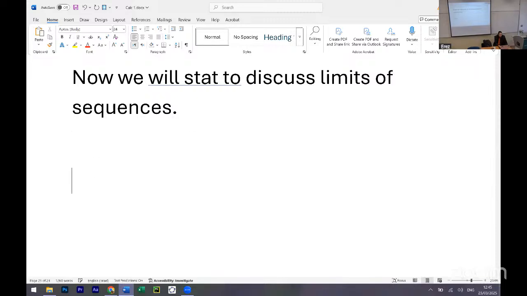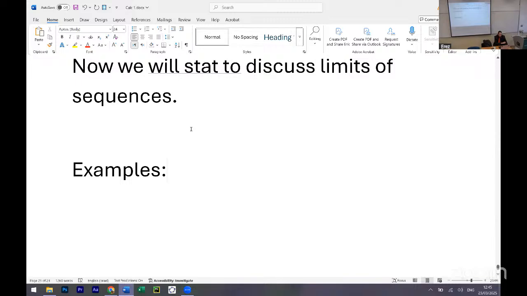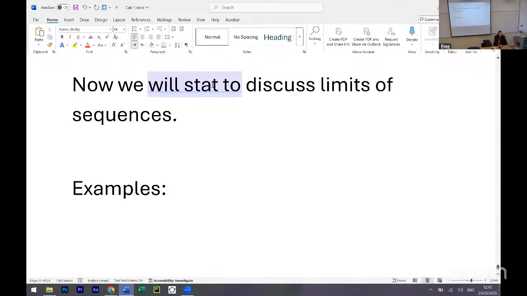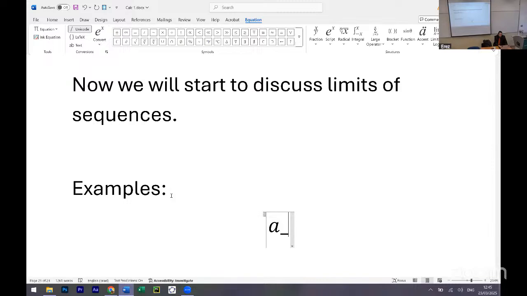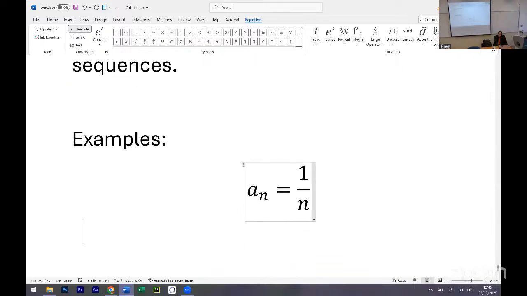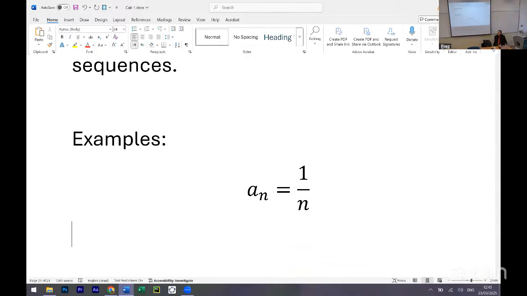Given examples, and I remind you, I always do some introduction before I give the actual mathematical definitions. Look at the sequence a_n equals 1 over n. What is that sequence? What are the elements of said sequence?